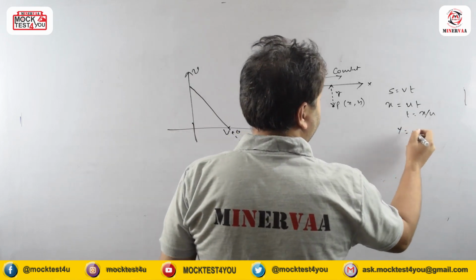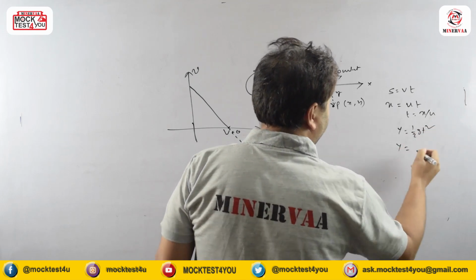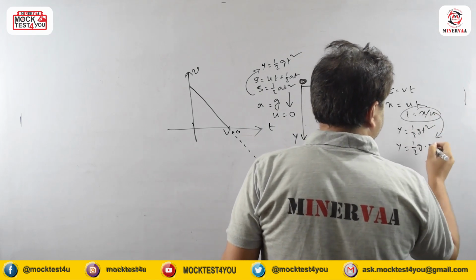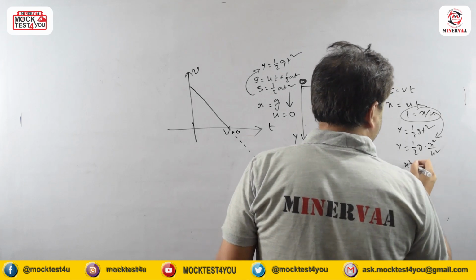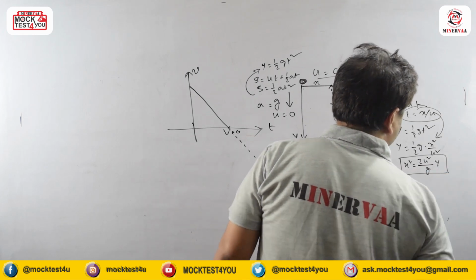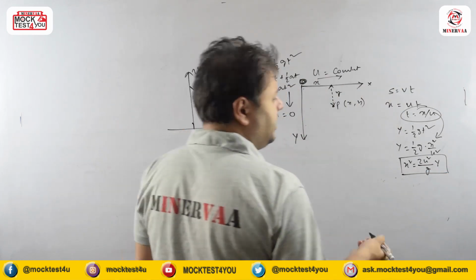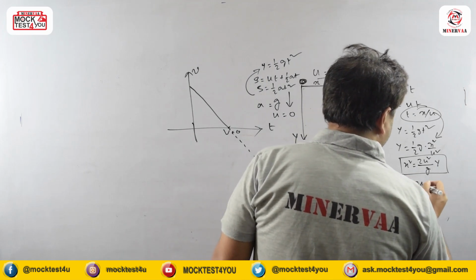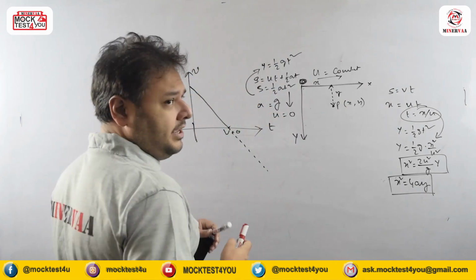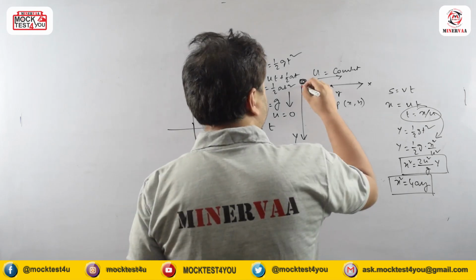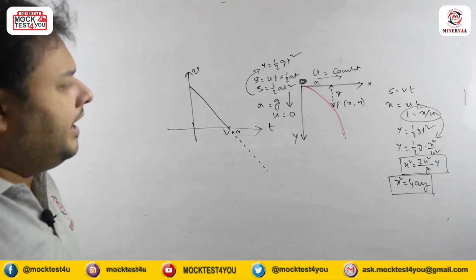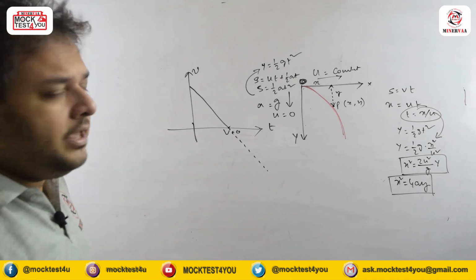Putting the value of t, y equals half g into x square by u square. So x square equals 2u square by g into y. You know very well it is an equation of a parabola, x square equals 4ay, where 4a is a constant. So this will be the nature of the curve, x square equals 4ay, and this should be the parabola.